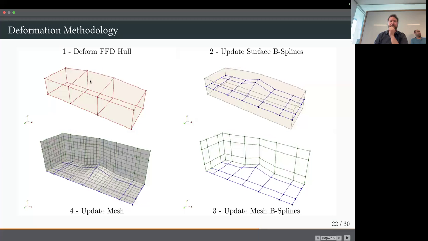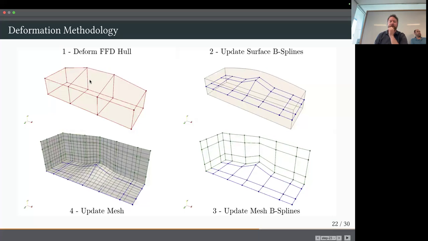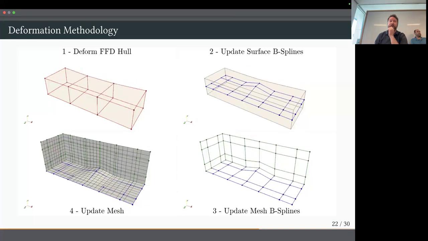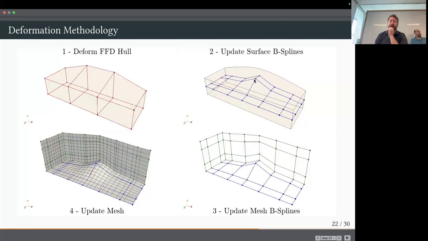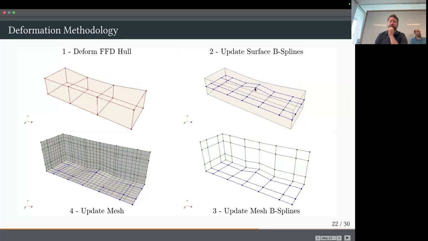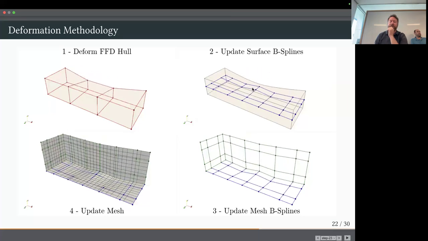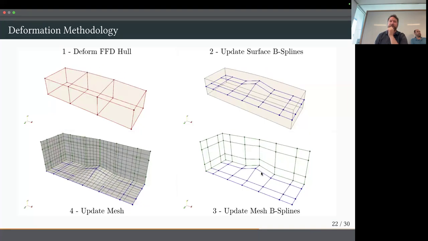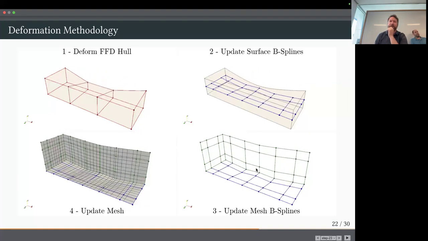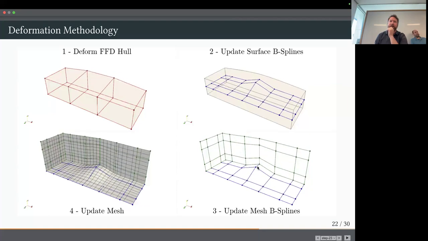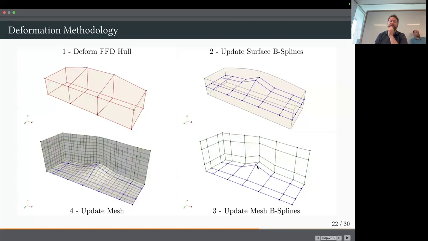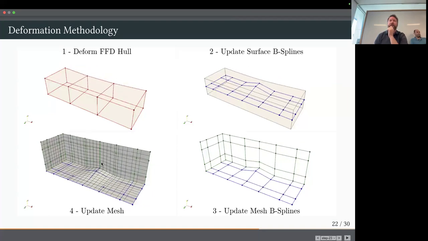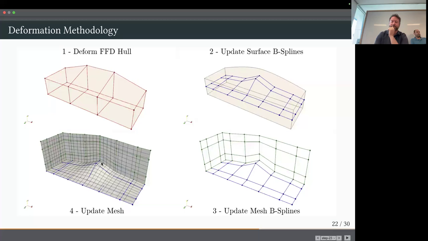So just to see that, we're going to deform the freeform hull as the optimizer controls these and says where the points should move. That has a corresponding movement to the design surface. That allows the entire mesh. We propagate that motion by an inverse distance weighting. That's simple enough and has worked for our purposes. And so now we get our mesh deformation as well.